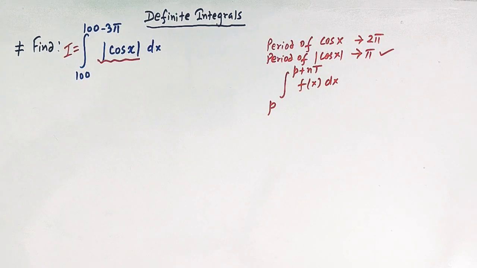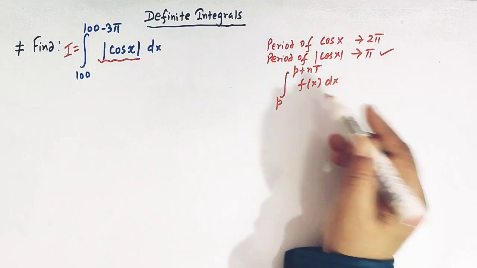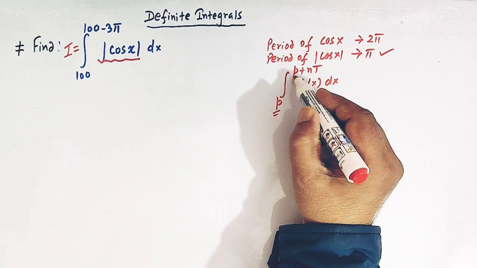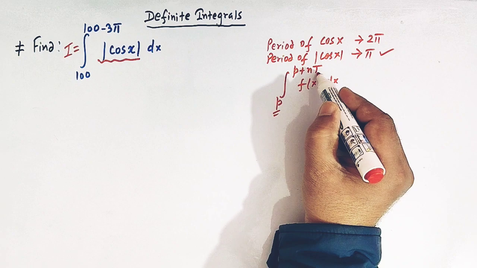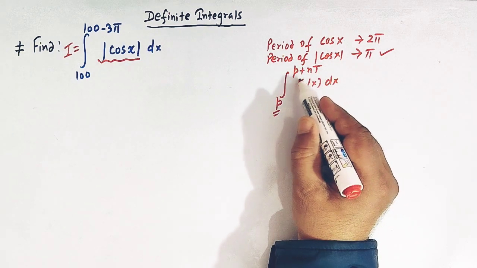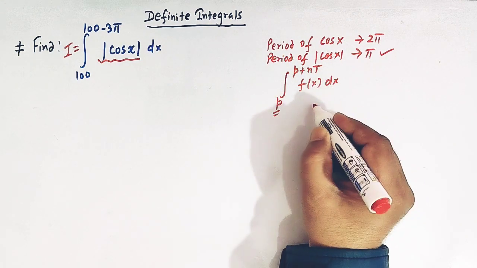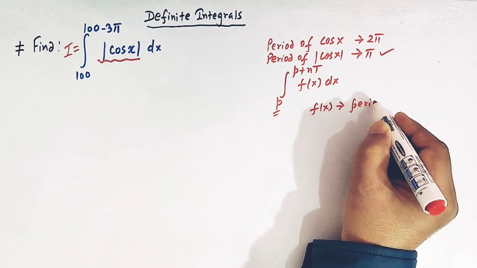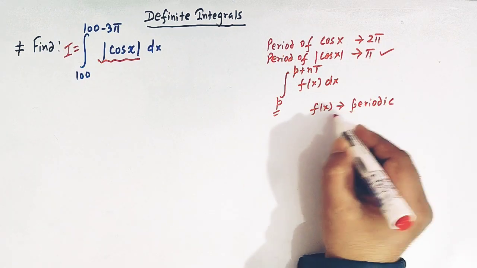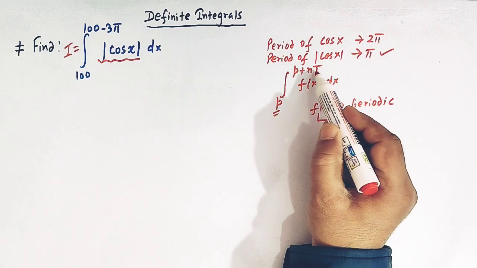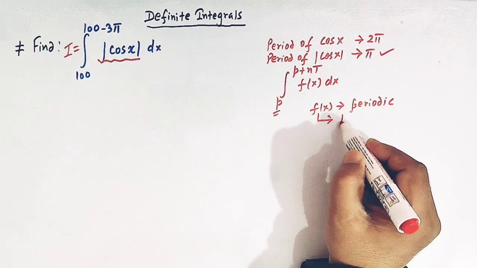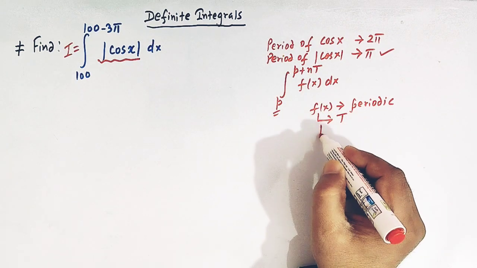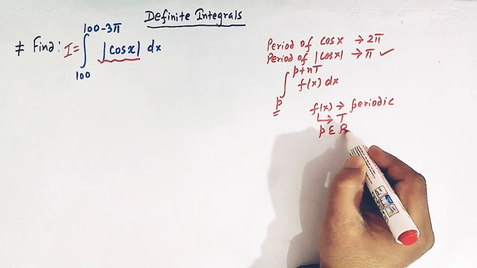Here f of x is periodic, and the period of f of x is this capital T, and p is some real number.